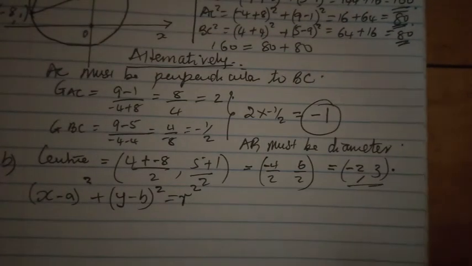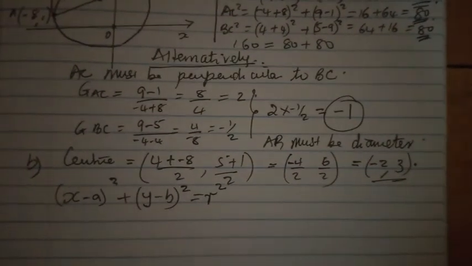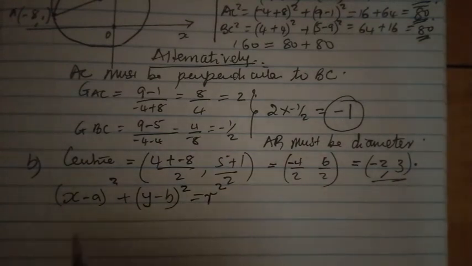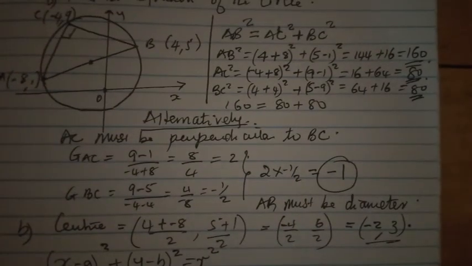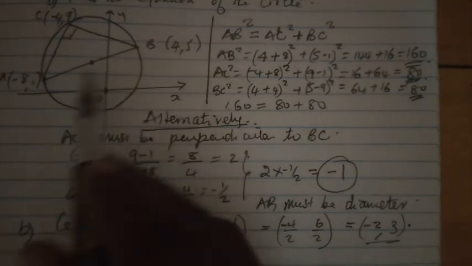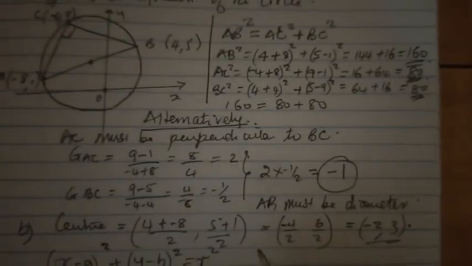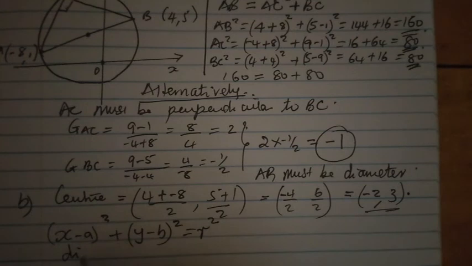Now, what we need to acquire is the radius. If you look at how we calculated AB and we said it is the diameter, then we need to talk about the diameter.